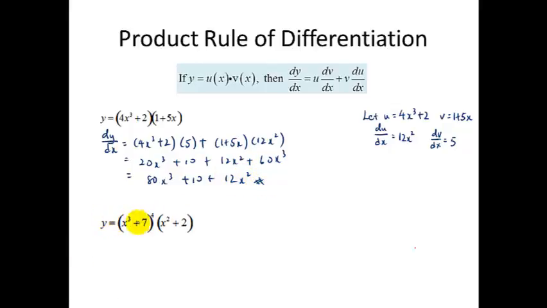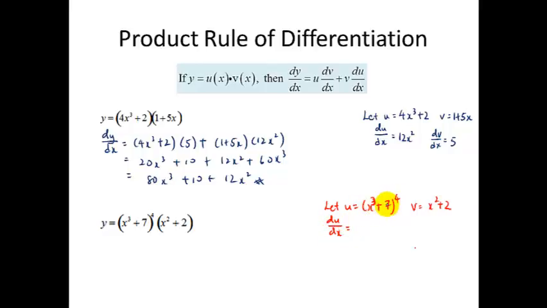Here we have another expression y, where y is a product of two functions, so I know I have to use the product rule. So I'll start by identifying u. Let u be the first function, and v will be the second function. I differentiate u with respect to x.